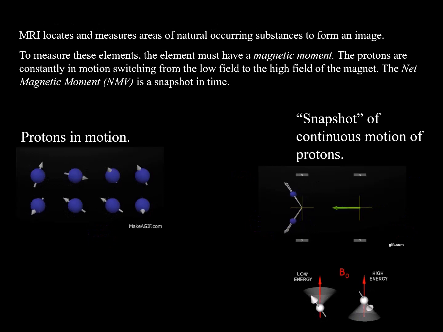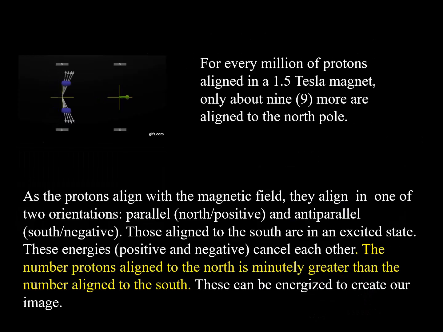Well, as we know, MRI locates and measures areas of naturally occurring substances to form an image. Using RF signals coming off the gradient, we can push those 9 low energy protons up into the high energy area and then release the energy. The energy released by the protons as they return to their natural state is exactly proportional to the tissues that they represent.